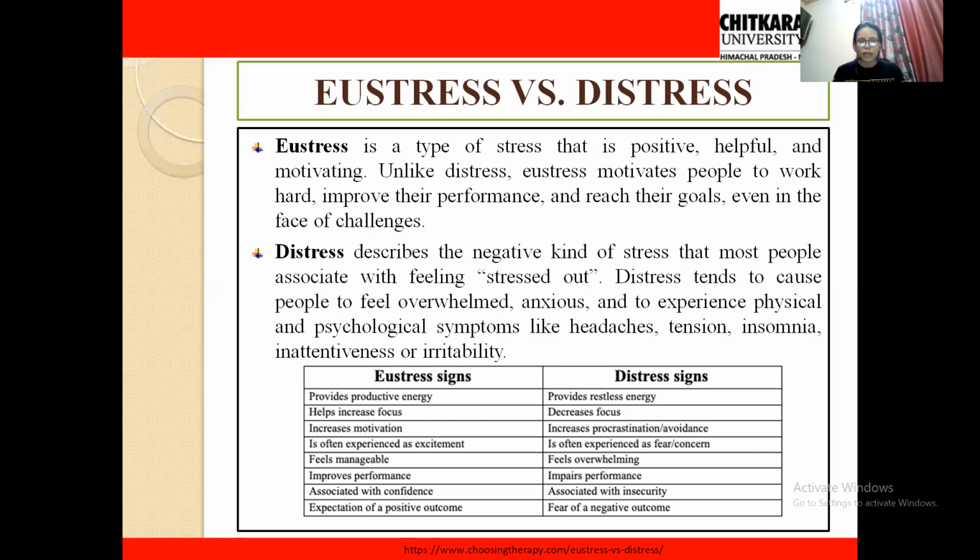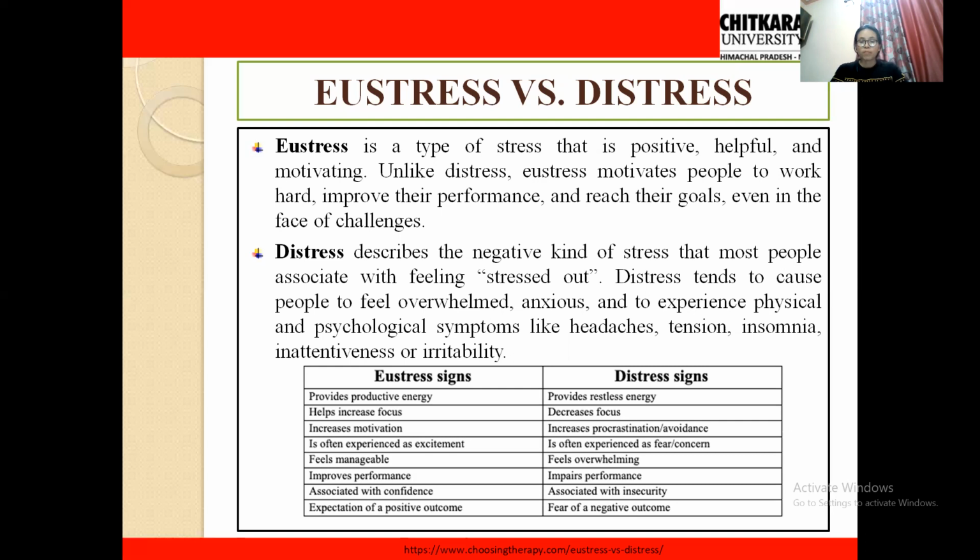So eustress signs, which I have mentioned over a picture, provide productivity, energy, help increase focus, and increase motivation. It is often experienced as excitement, feels manageable, improves performance, and is associated with confidence and expectation of a positive outcome.